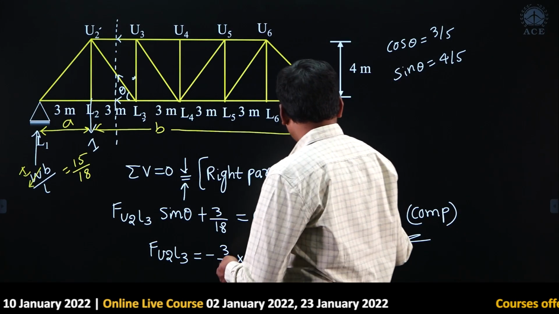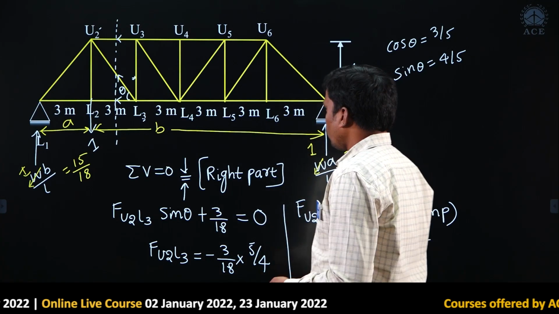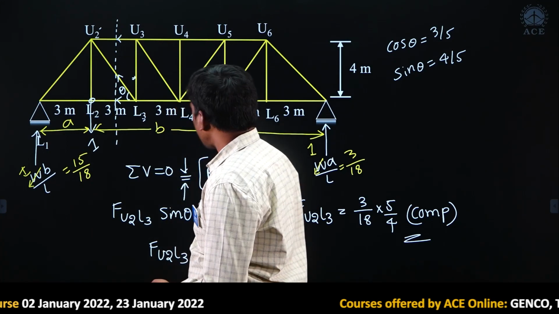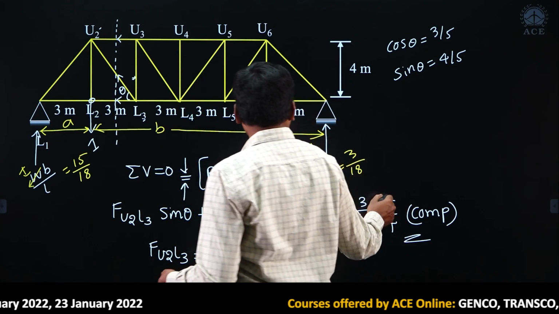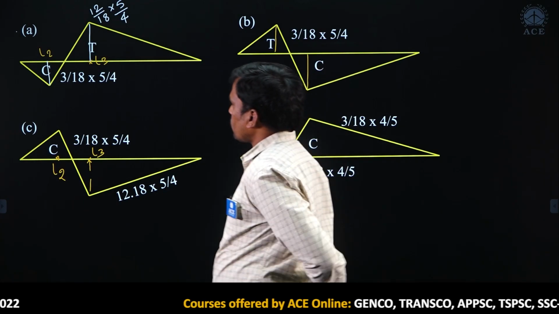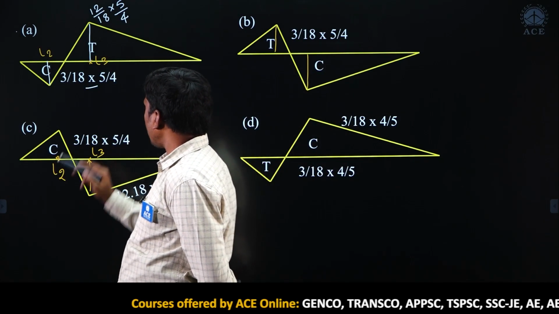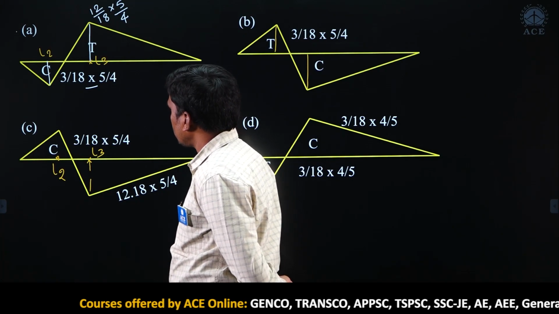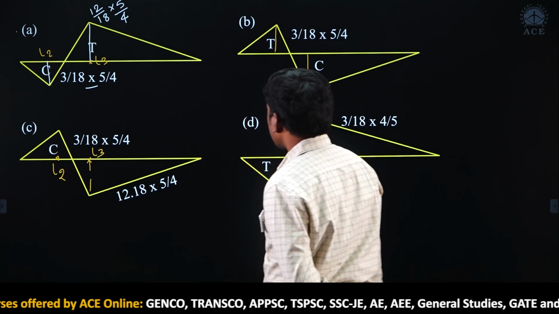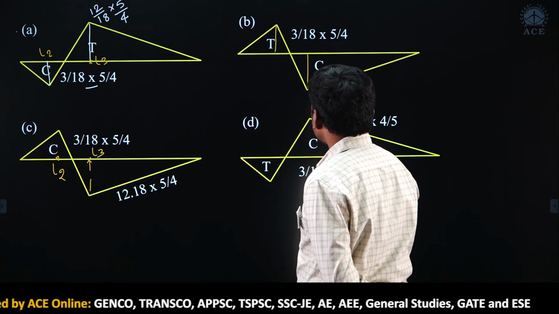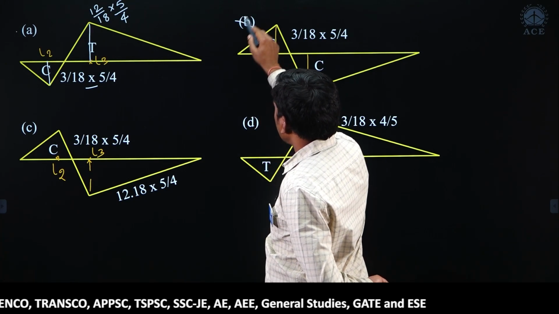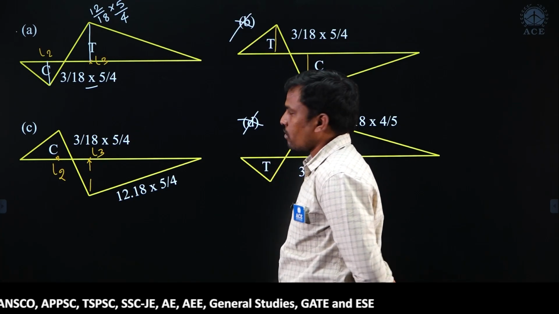Is there any possibility of selecting the answer directly? When the unit load is at joint L2, what is the ordinate? 3 by 18 into 5 by 4, compression, right? So here it is compression. Since tension is given in those options, option B is wrong and option D is wrong.